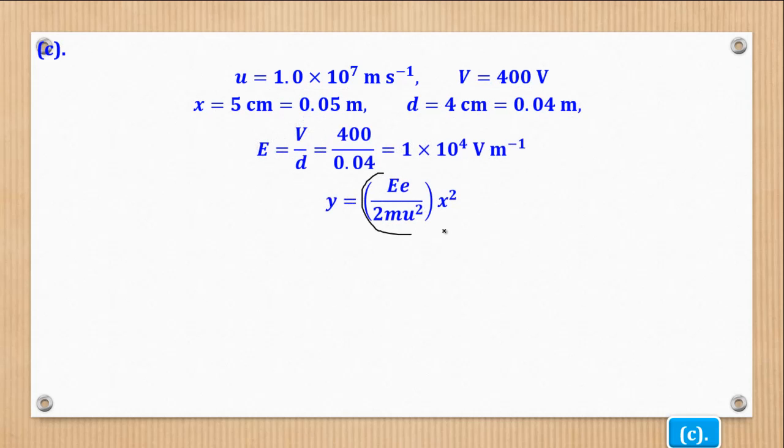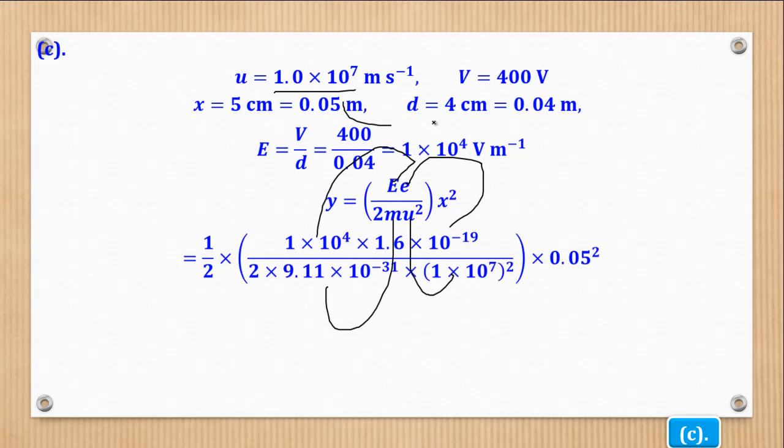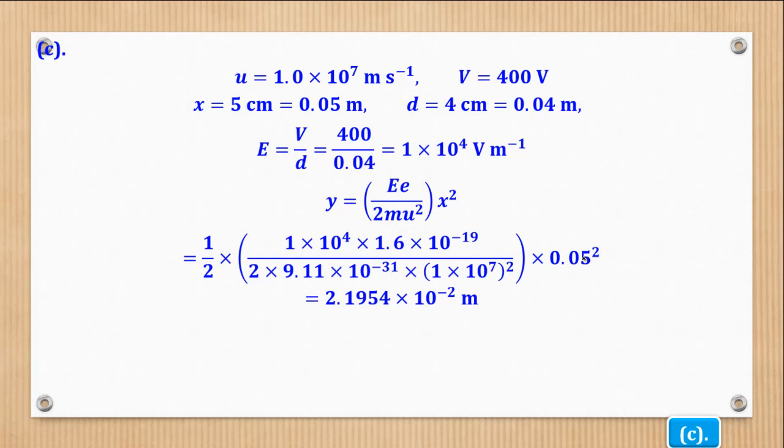Then I think you already derived this in part B, so my work is to come and substitute. E is here. Electronic charge is a constant. Mass is a constant. u was given, it's here. And x is here. Meaning I can get the vertical deflection.